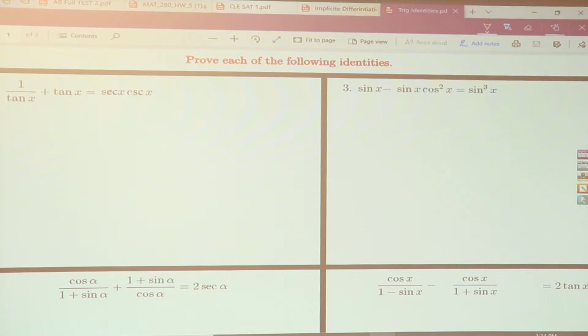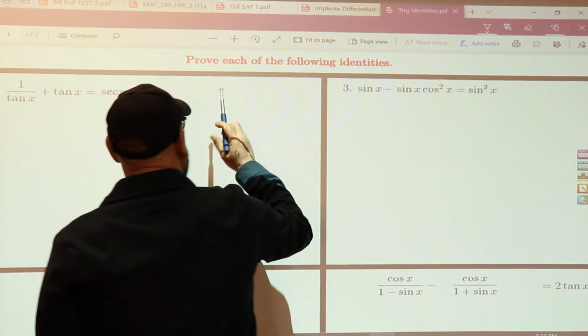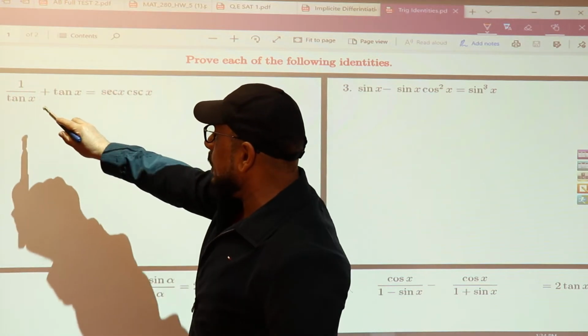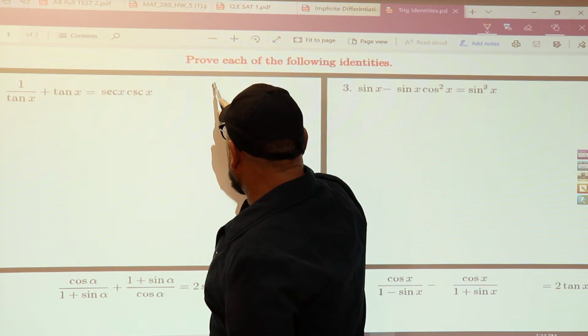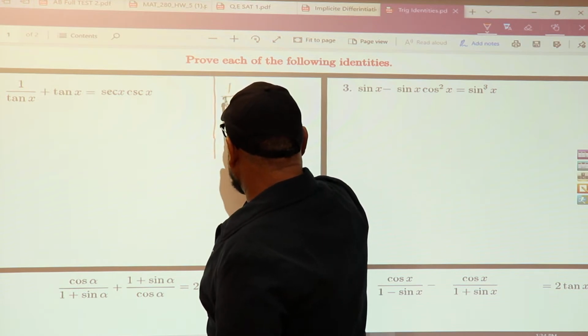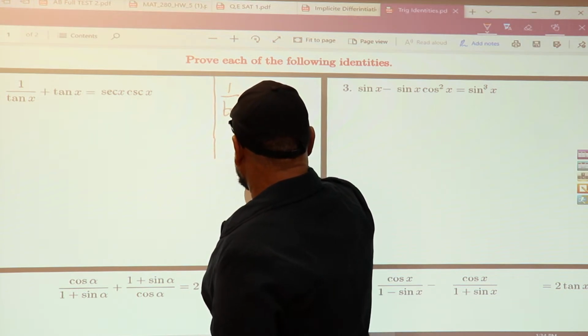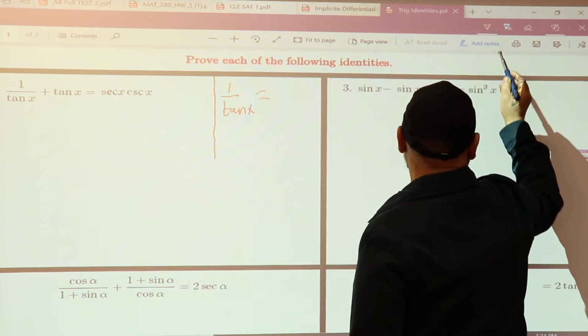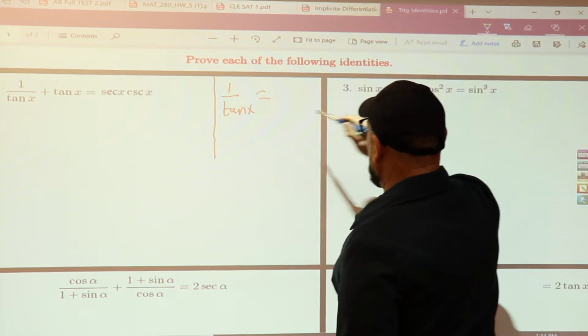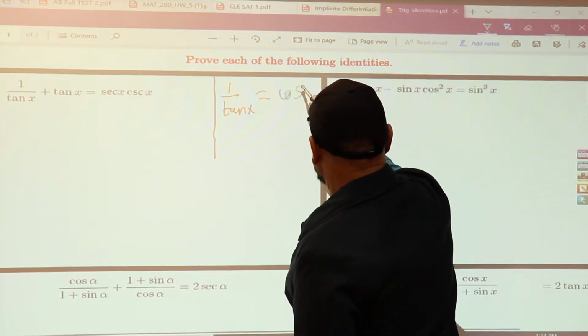Now remember, that's too many things to remember. 1 over tan x is cotan x. You have to remember this, cotan.